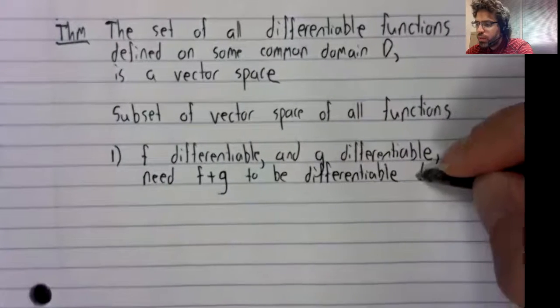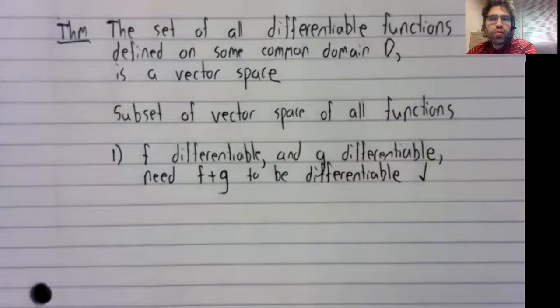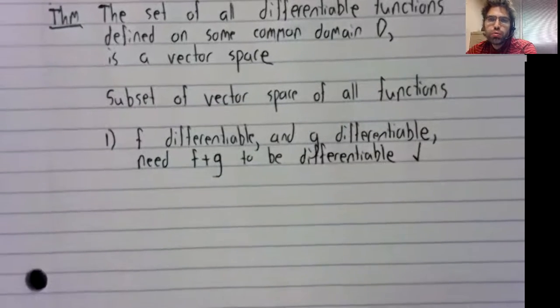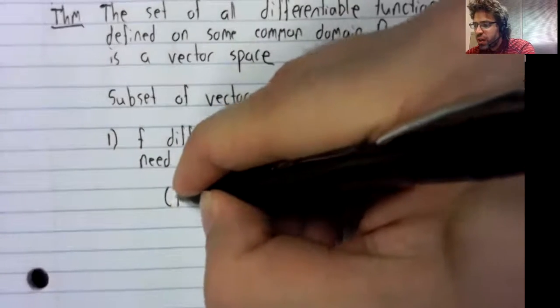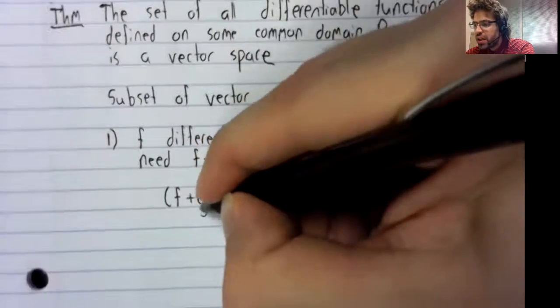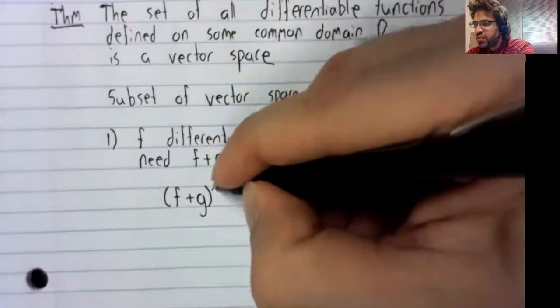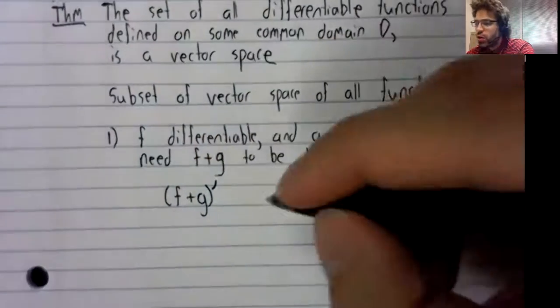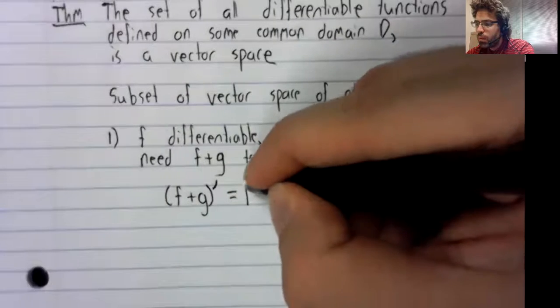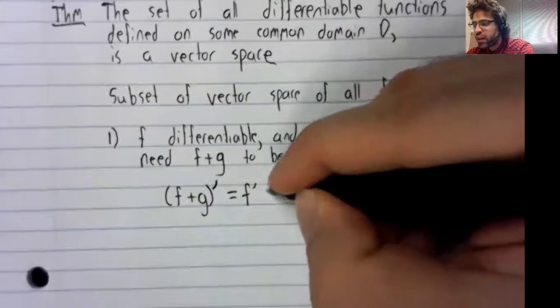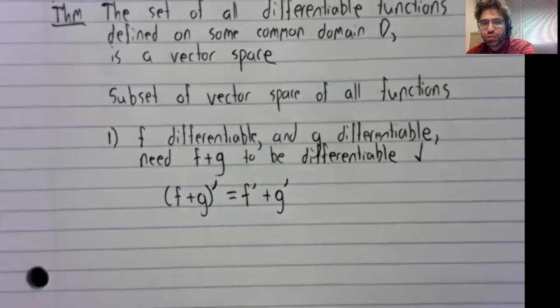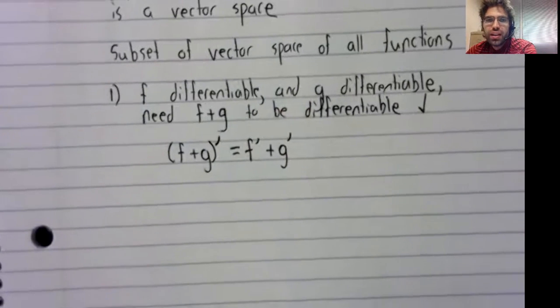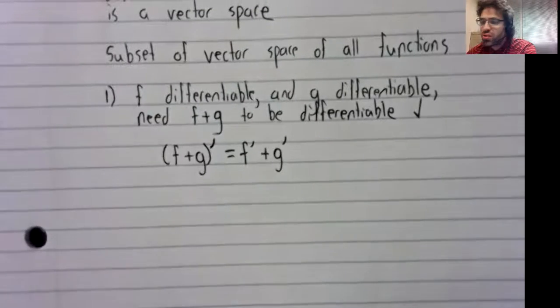And that's practically the first derivative rule we learn in calculus. That if F and G have derivatives, then so does their sum. In fact, we have an explicit formula for this derivative, so it certainly exists.